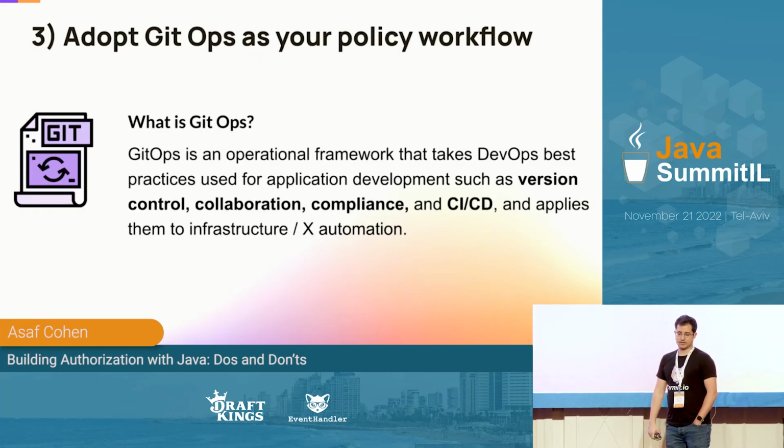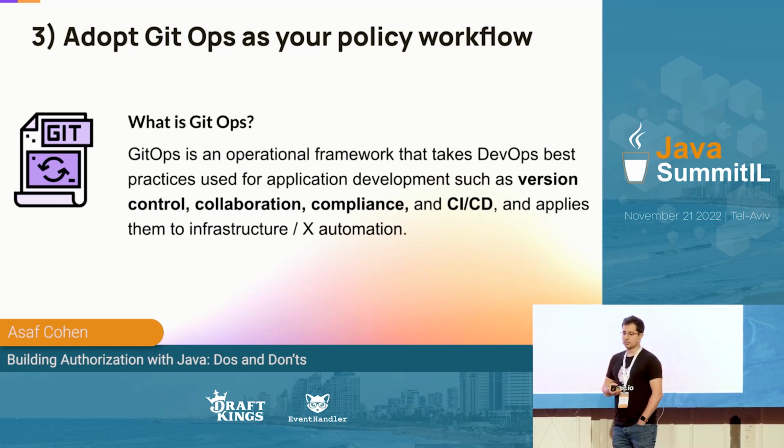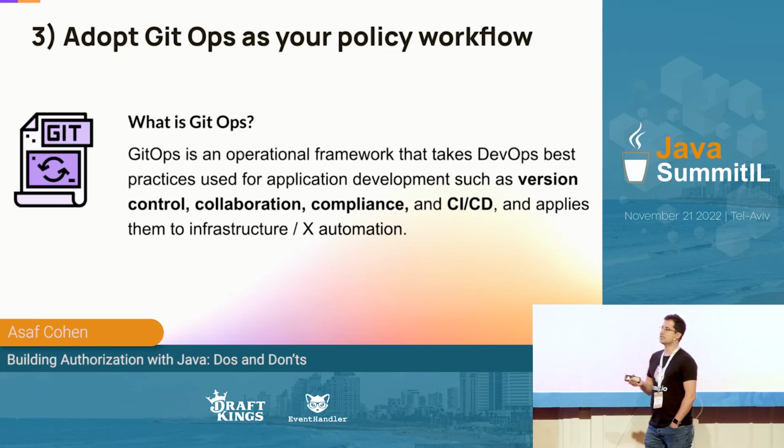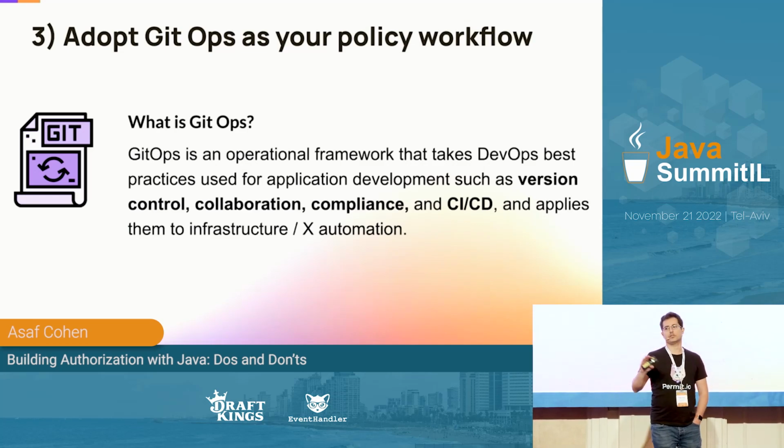So the third best practice is adopting GitOps as a policy workflow. So what is GitOps? GitOps is a framework for controlling everything through Git. So all of the versions are controlled in Git. So for example, if you do GitOps for infrastructure, every deploy needs to be a Git commit.